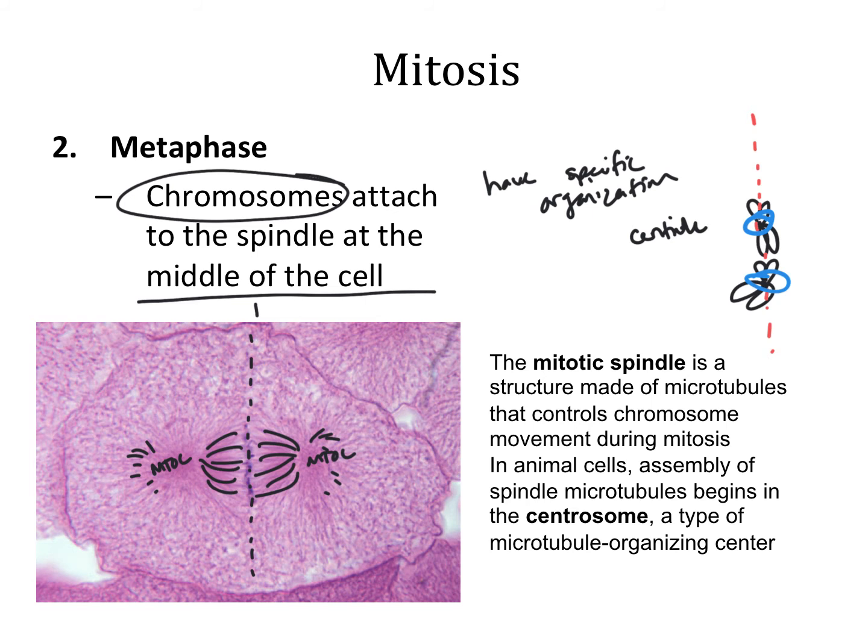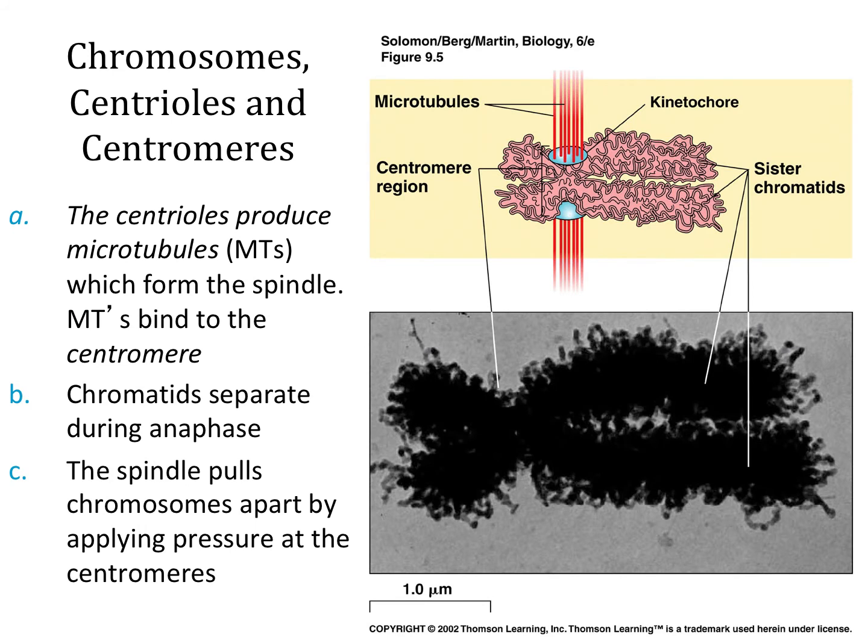All right, once you have your spindle fibers attached, they will do so in a site along the centromere called the kinetochore. Okay, so in the centromere region, the microtubules actually attach to the kinetochore, and you'll notice that we get attachments on both sides, because remember, I want to go ahead and split these sisters. One sister is going to head towards one cell.